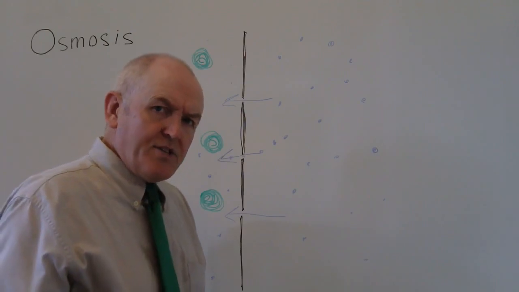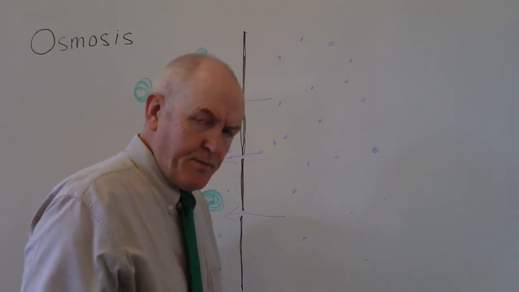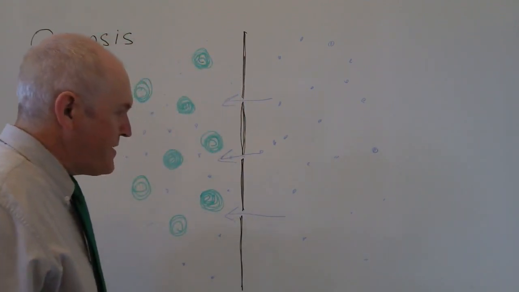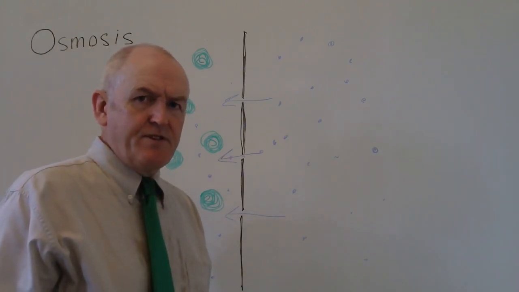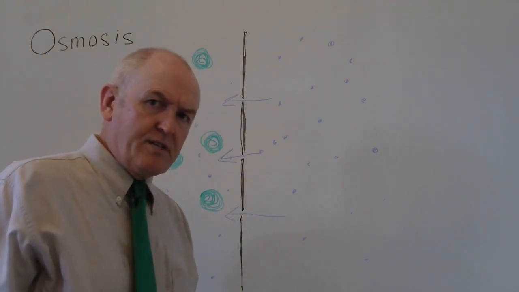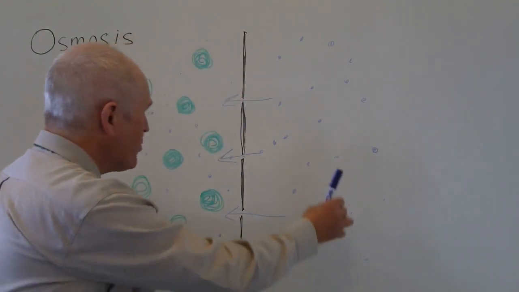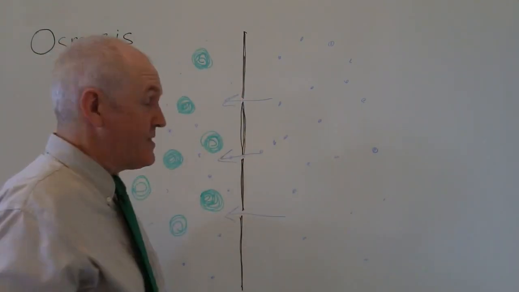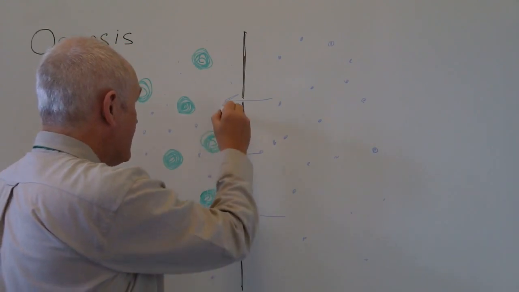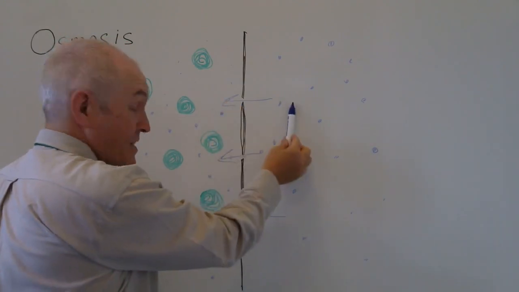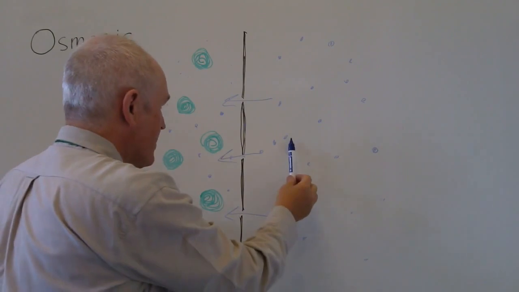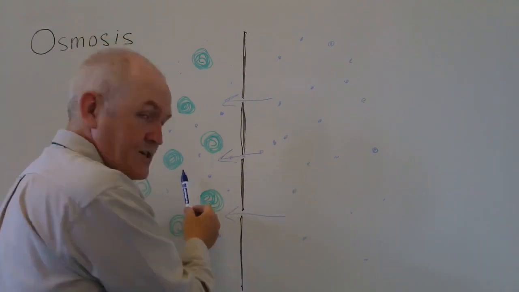And the answer to that question is actually diffusion. Because if you think about it, diffusion is the tendency for substances to intermingle when brought into contact until their concentrations are equal throughout. And the water can move freely, actually. These water molecules here can move through in that direction, and these water molecules here can move through in that direction.